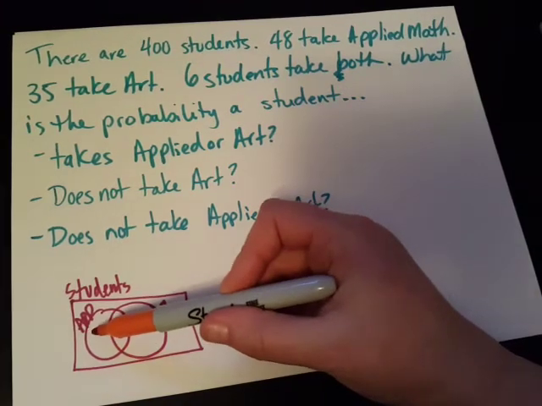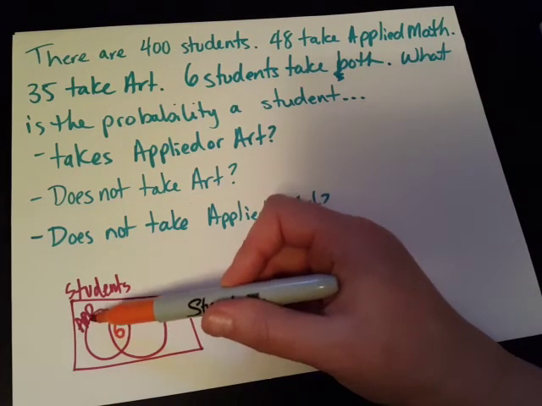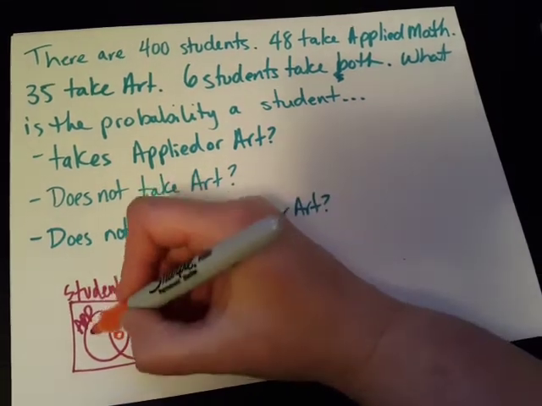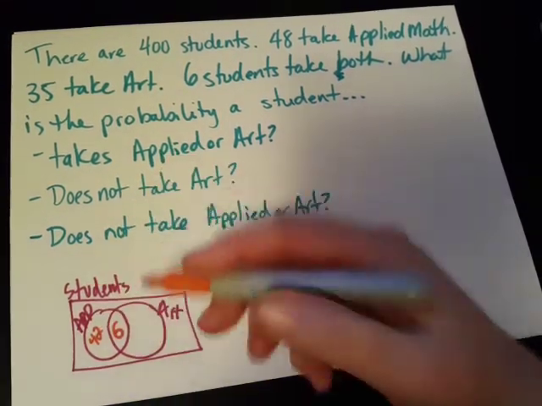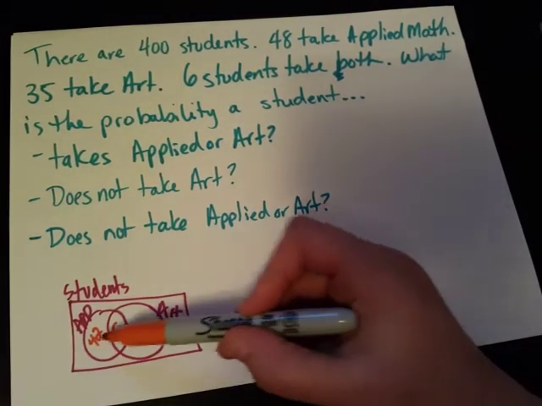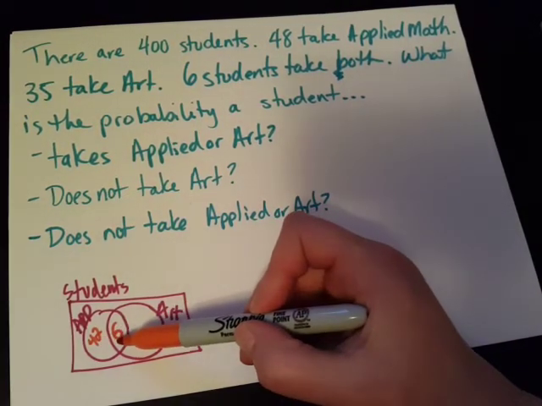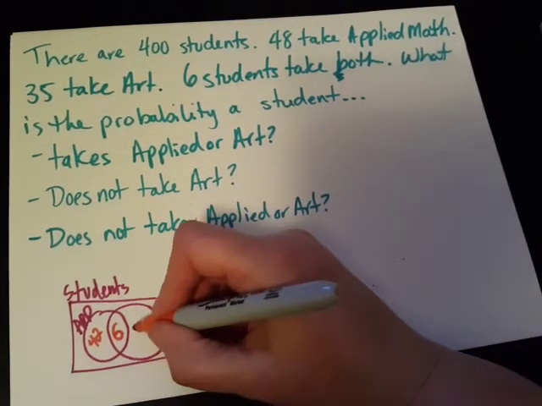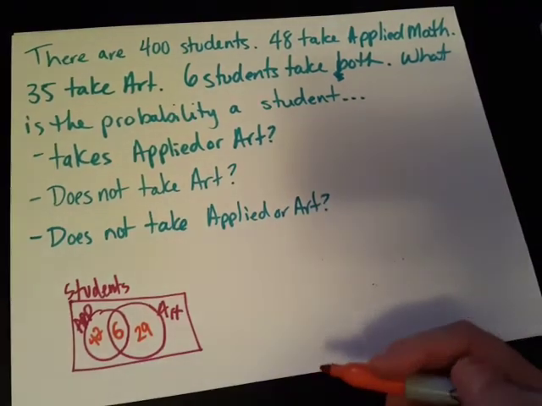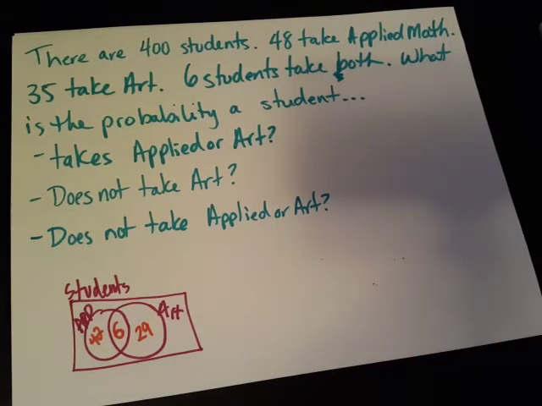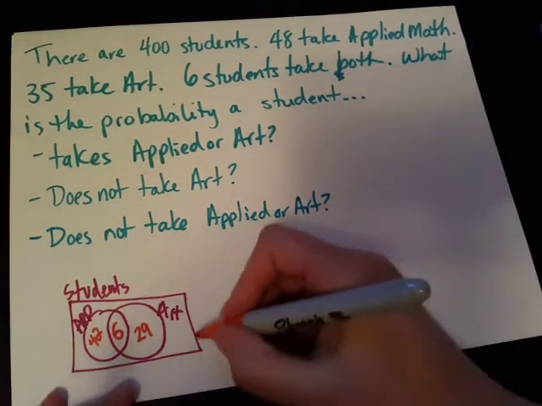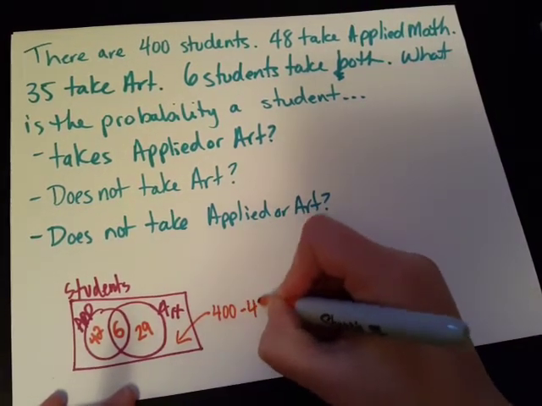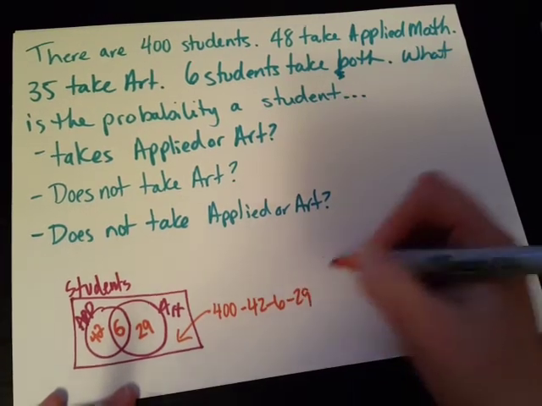If we backtrack and we look at the 48 altogether, then we know that 42 must be only taking applied. 42 and 6 make the 48. If 6 are taking both, that must leave us with 29 that are only taking art. And we just don't have a lot of room here. Let's do 400 minus the 42 minus 6 minus 29.